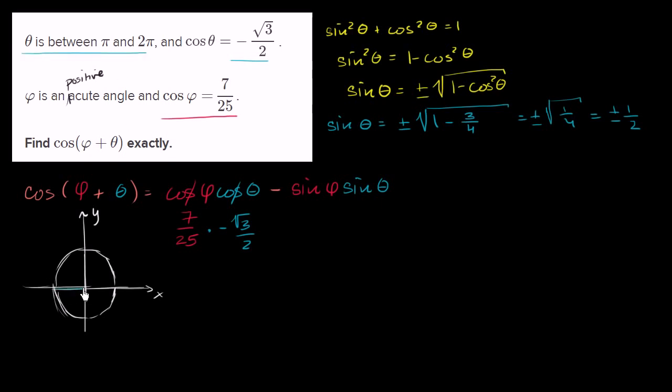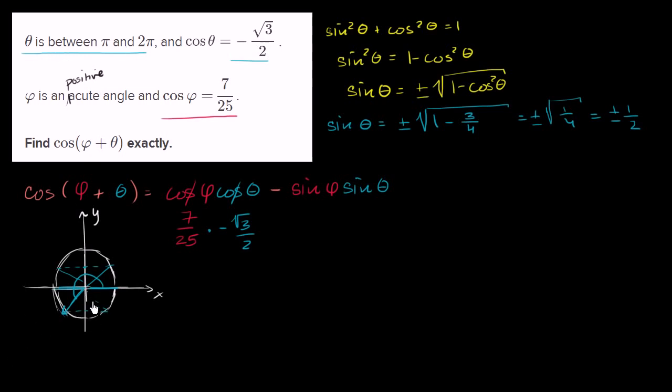So the terminal ray of the angle is going to be in the third or fourth quadrants. So we're saying sine of theta is either positive 1/2, which could mean it's one of these angles right over here, or it's negative 1/2, which means it's one of these angles right over here.